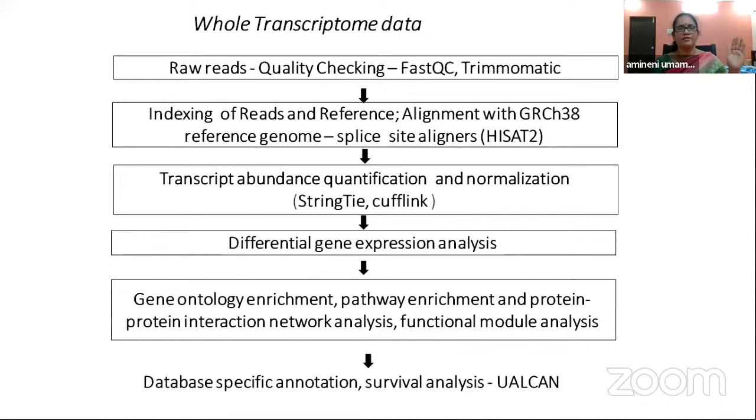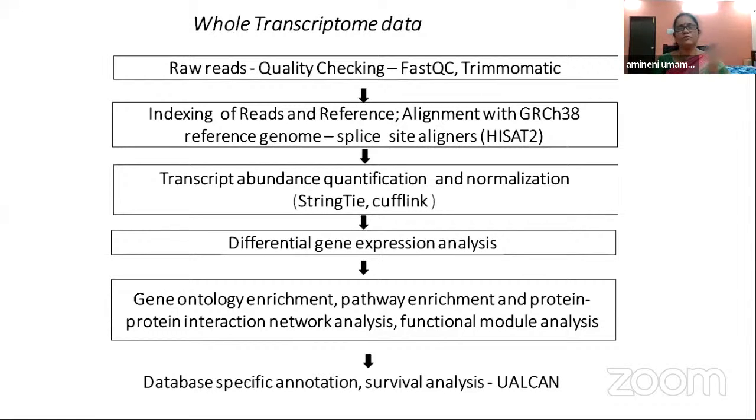Once we have quality data in our hand, we need to align it with the human genome. There are many genomes available. The recently published one in NCBI is GRCh38. Why do we need to align?